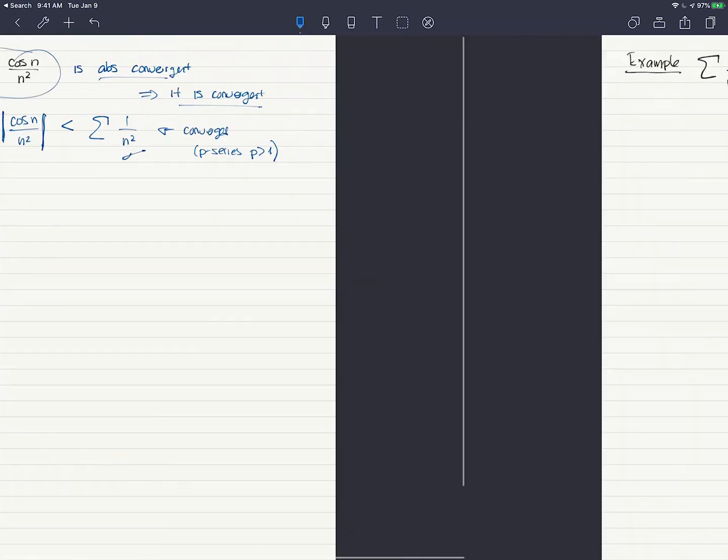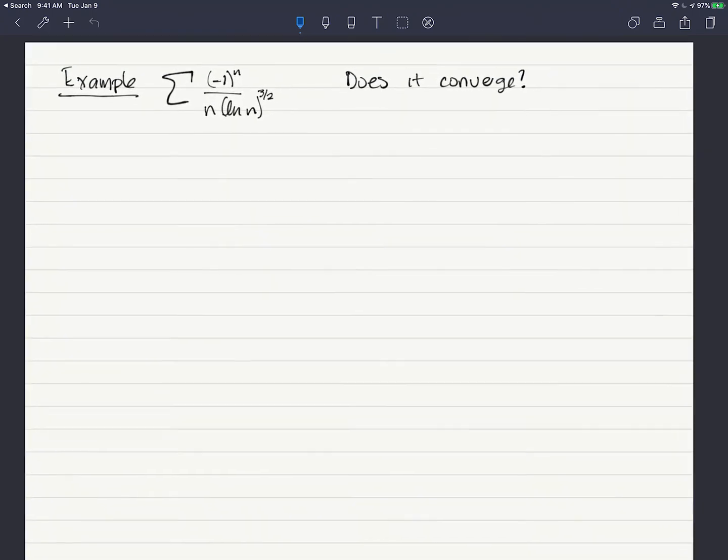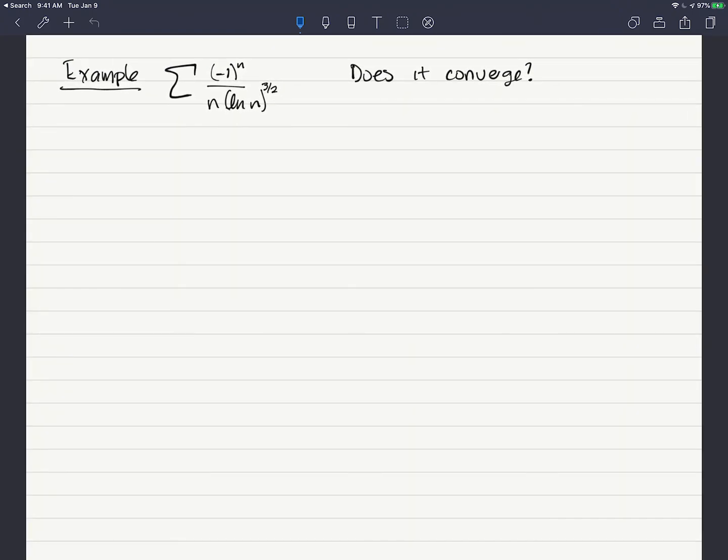So I think I have one more. This is an alternating series. We could prove that it converges if you wanted to. It has this alternating pattern, but I'm going to do it in an easier way. This, by the way, is a problem that is in one of my exams, and I'm not going to do the steps carefully, but I'm going to do the same argument.